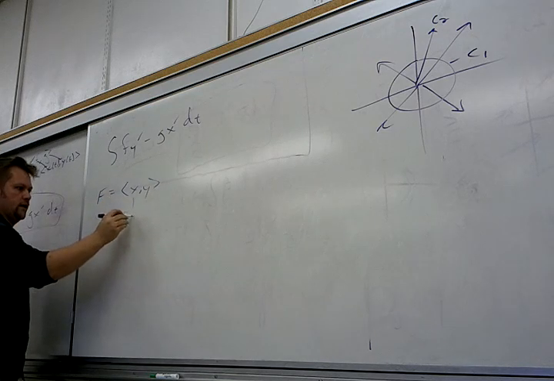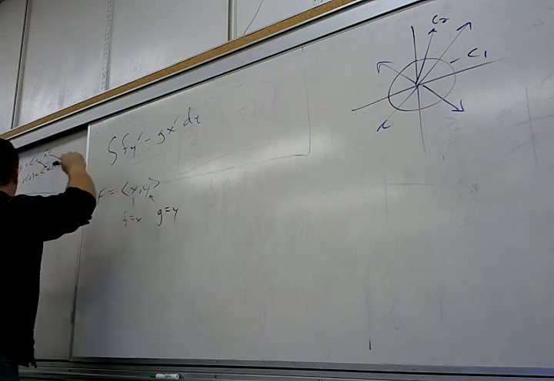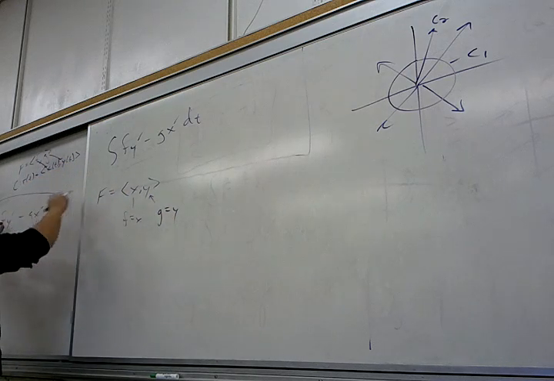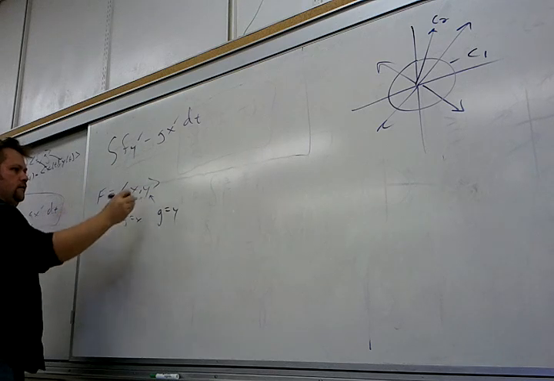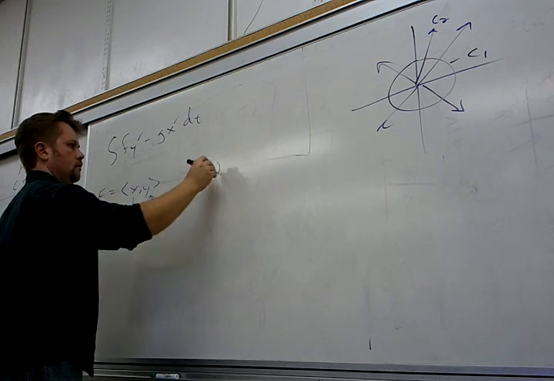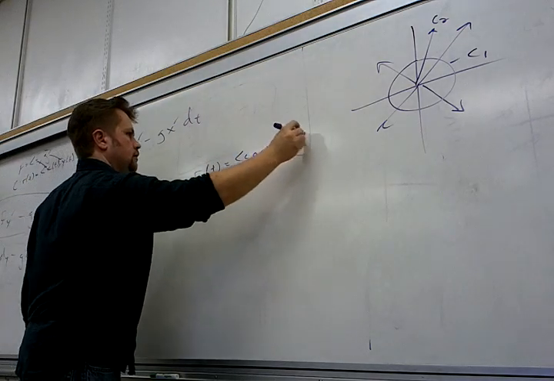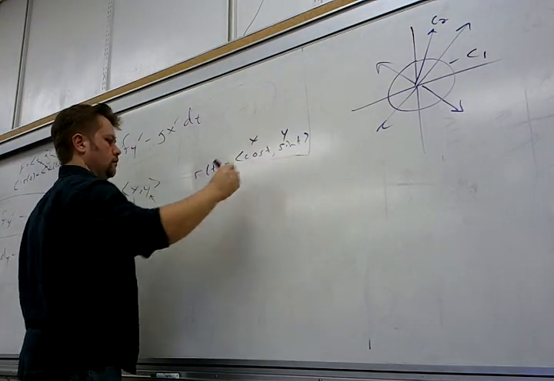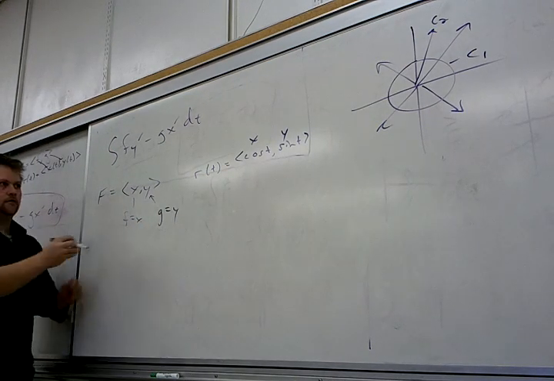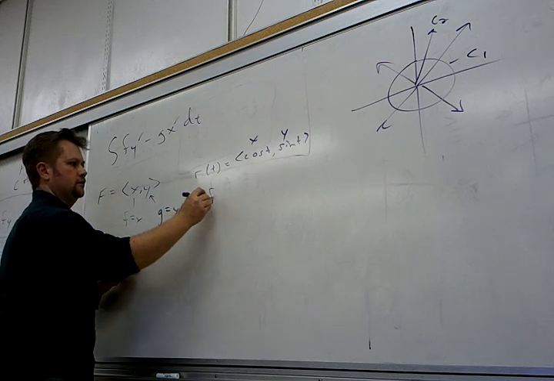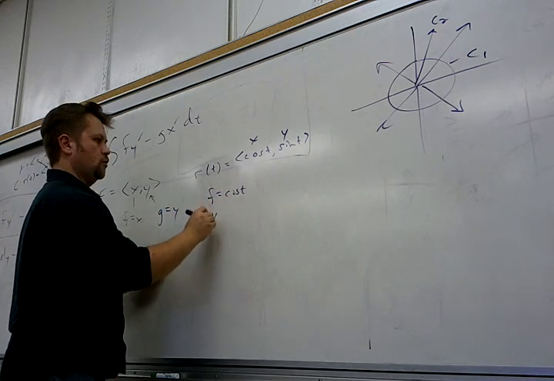So f is x, g is y. Coming from here, f is x, g is y. R was this, cosine t, sine t. So x is cosine t. Y is sine t.